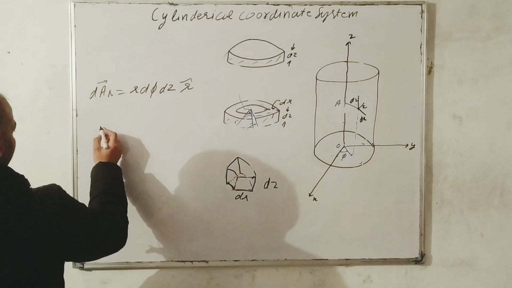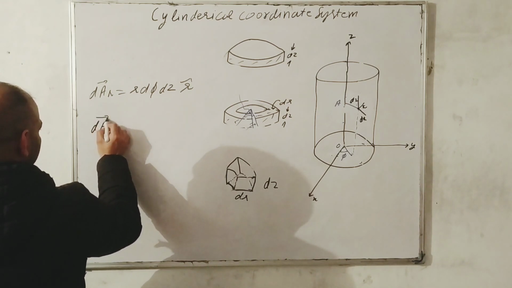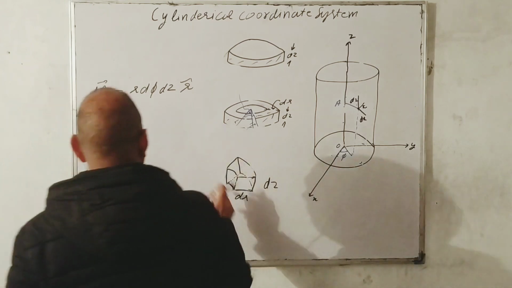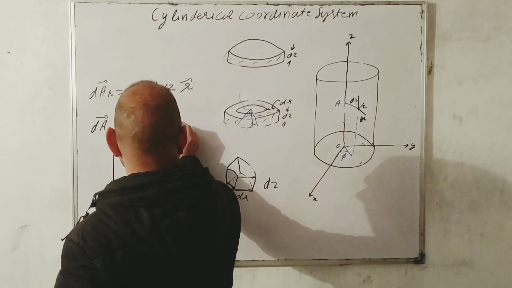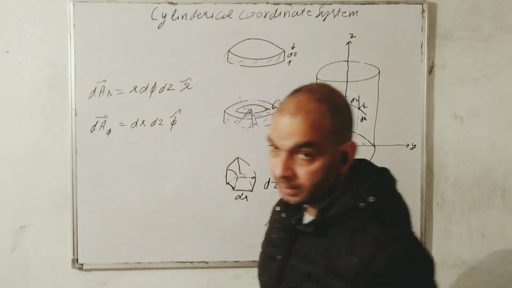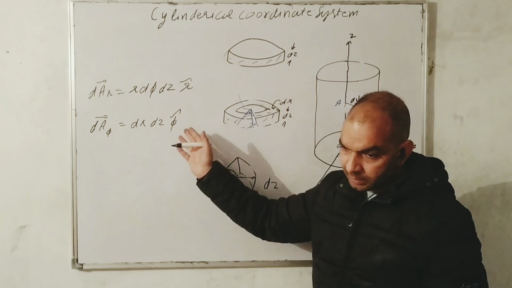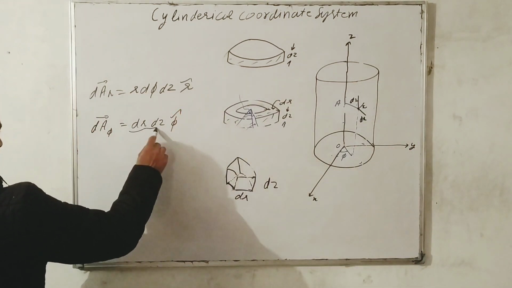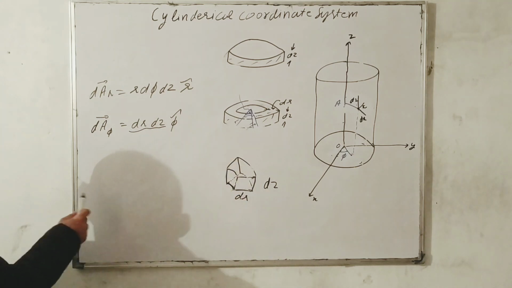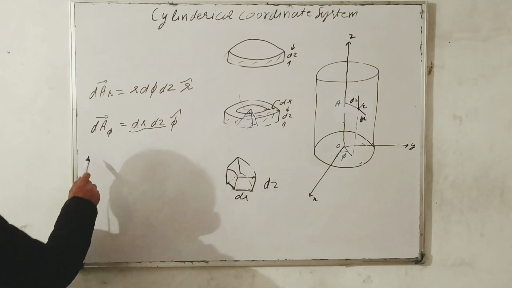So dA phi vector is equal to dr dz phi cap. We are calculating the area element in the phi direction, so we take the other two elements, as I have already told. So now only the z direction is left.